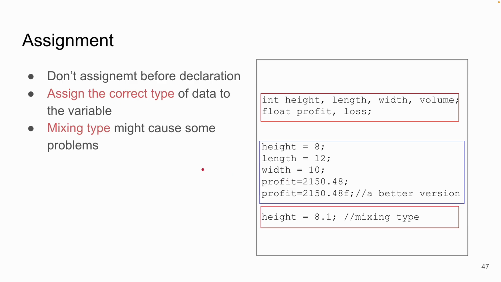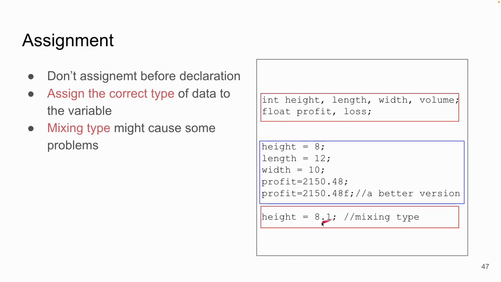However, actually in C, because C is a very permissive language, right? C allows you to do almost everything you want to do. So actually you can write a line like this. What happens in the last line is that you can see we have height, but we know that the type of the height variable is int.